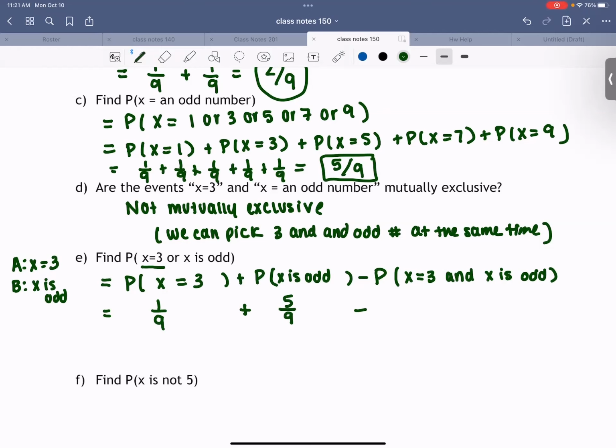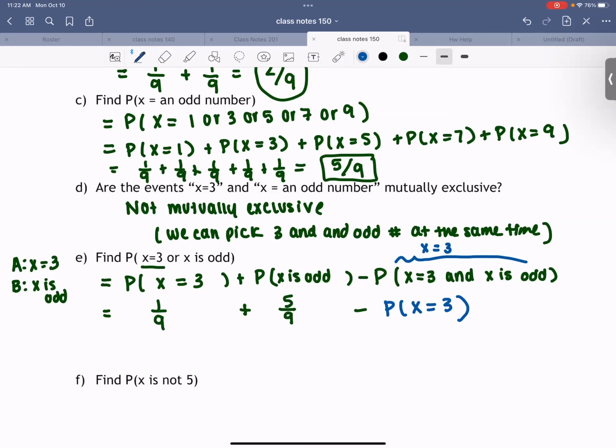Isn't it just 3, right? Isn't 3 an odd number? So the only way we can get 3 and an odd number is if we just get 3. So another way to say this is the probability that x equals 3. I know it looks weird, but x is 3 and x is odd is basically a redundant statement.